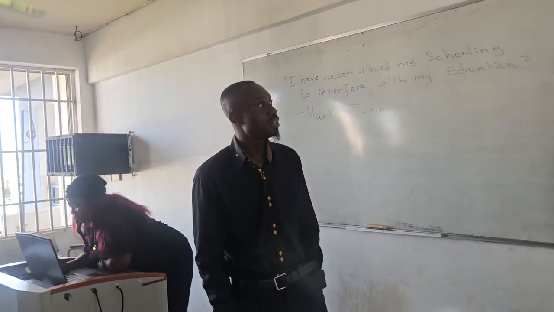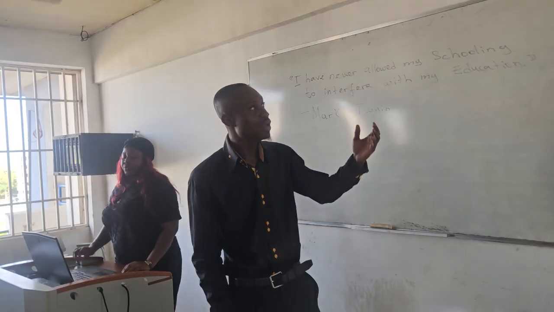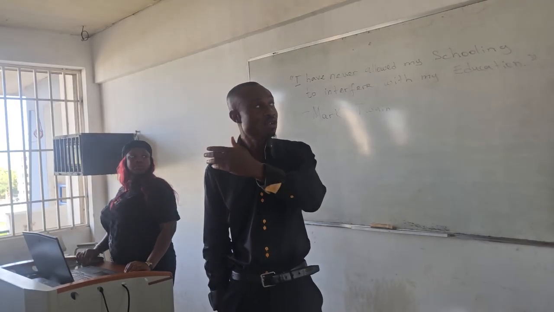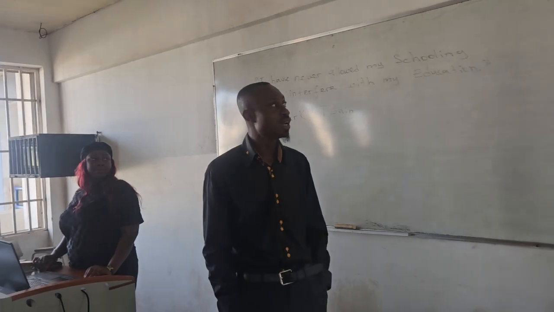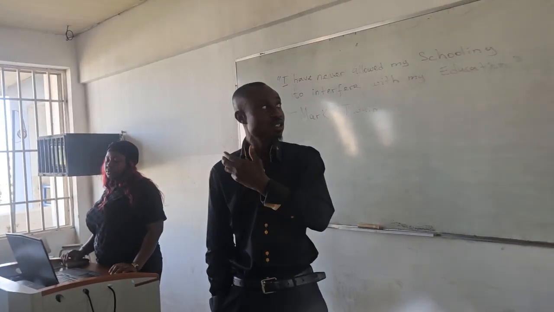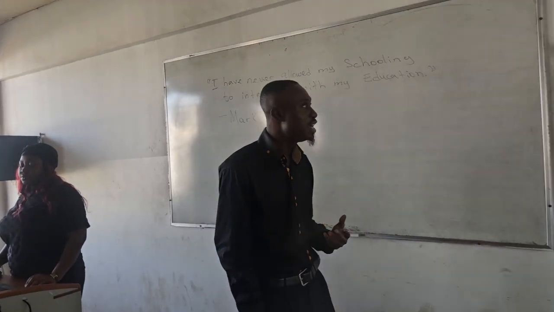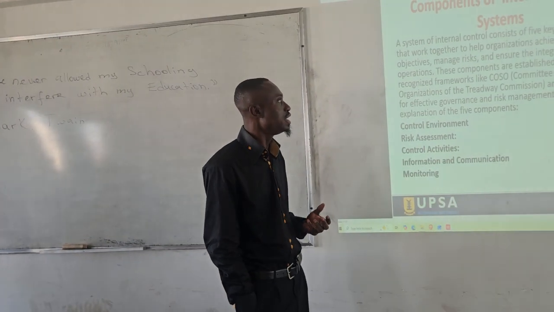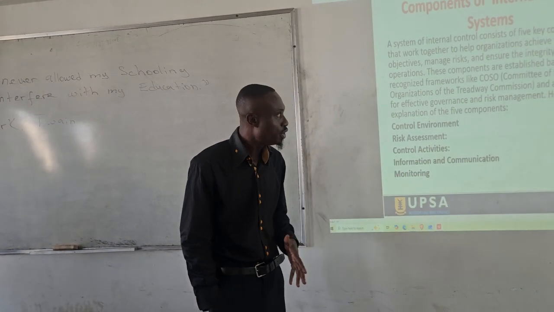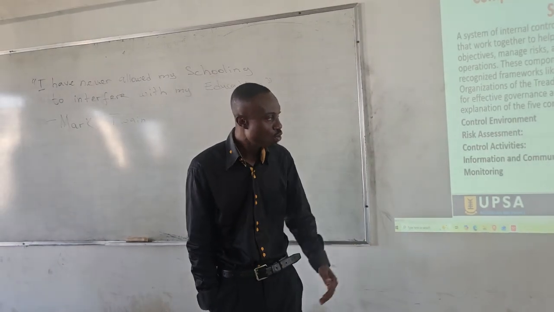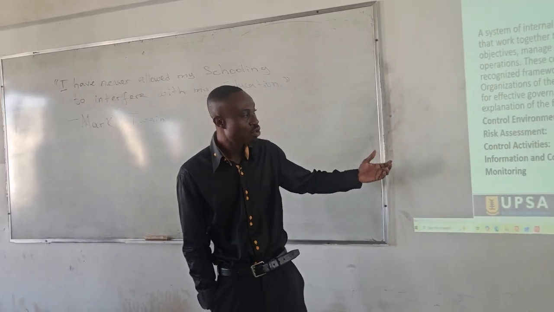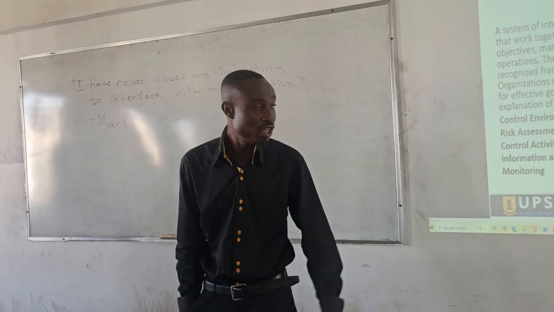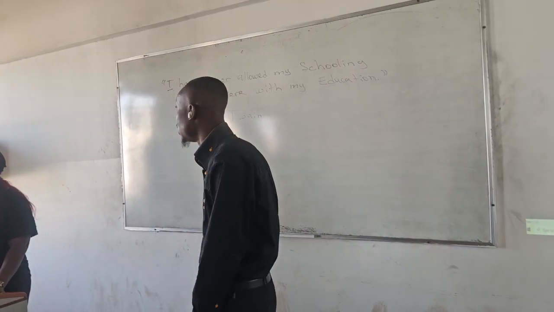So we are saying that a system of internal control consists of 5 key components that work together to help the organization achieve their objectives, manage risk, and ensure the integrity of their operations. We have the control environment, the risk assessment, control activity, information and communication, and monitoring. Let's move on.